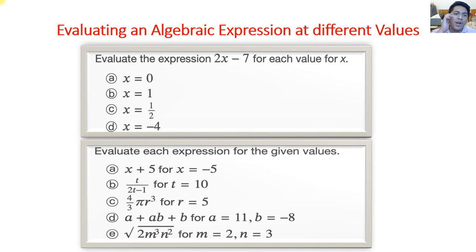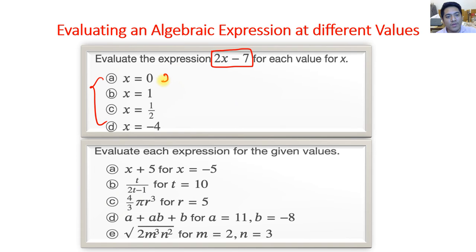So, if we are going to evaluate an algebraic expression, we simply take the given value of x and substitute it into the given expression. In this case, we are given 2x minus 7 for our expression, and we are going to evaluate the value of this expression for different given values of x.